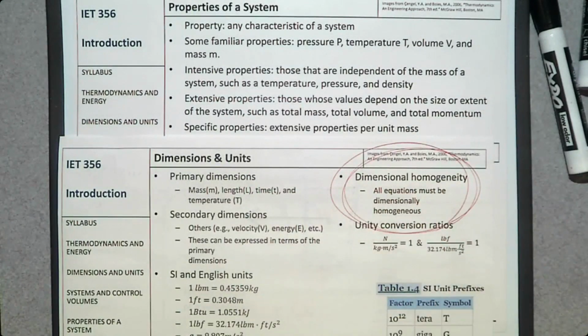The dimensions of extensive properties and the dimensions of intensive properties are not the same. But if you use a governing equation, if you solve any equation, it should meet dimensional homogeneity. That means you only use extensive properties or intensive properties.